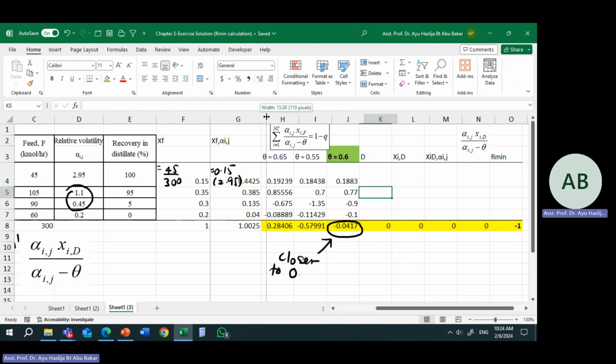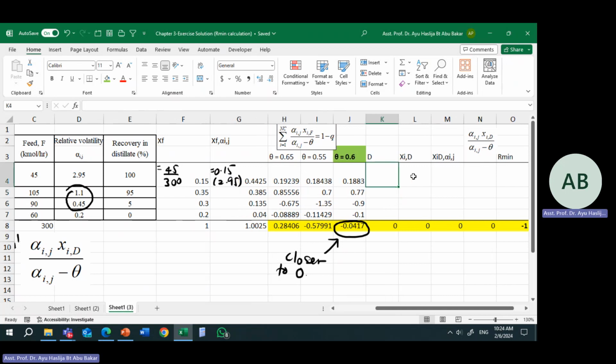How do you find the distillate? In order to find the fraction, you need the value first. How to find the distillate value?